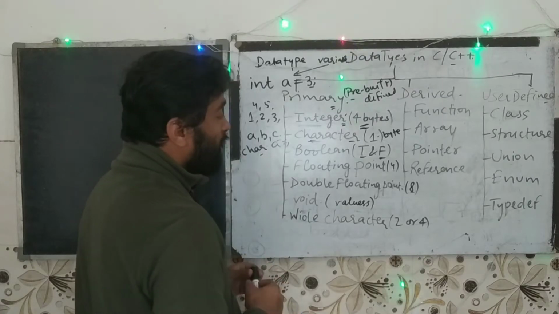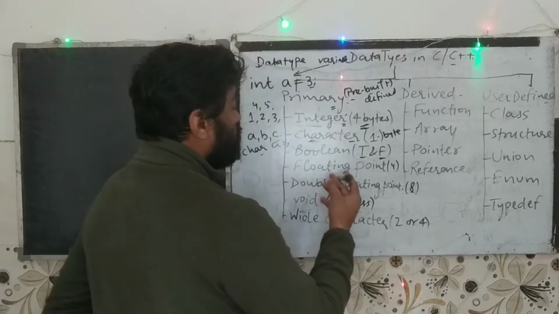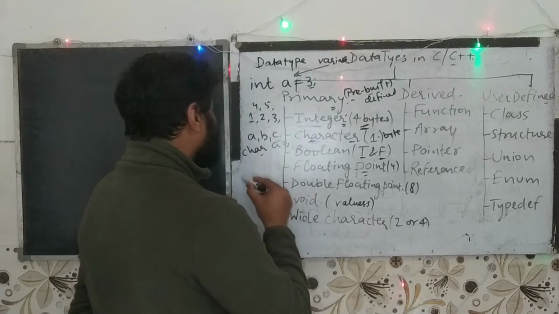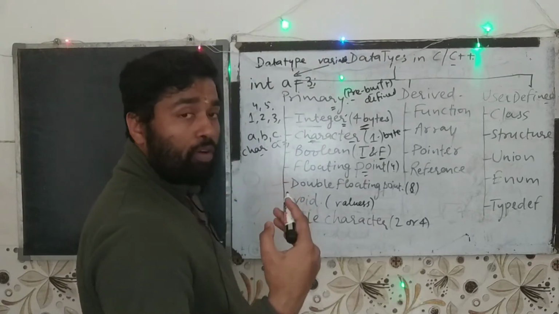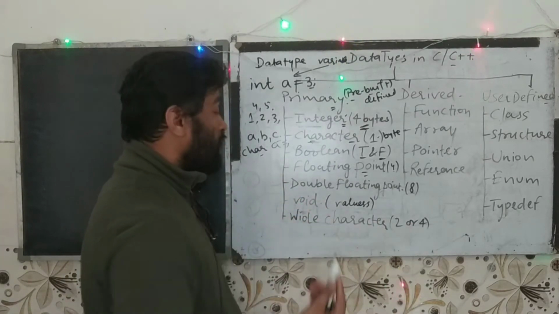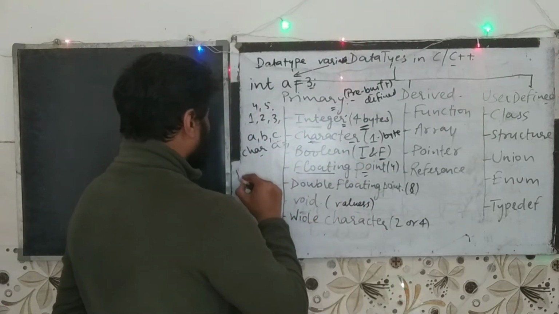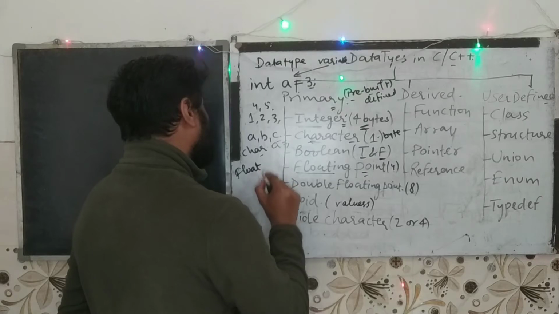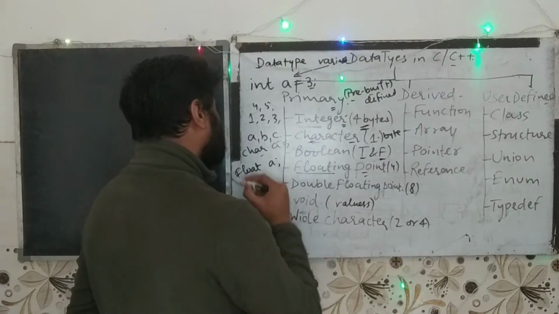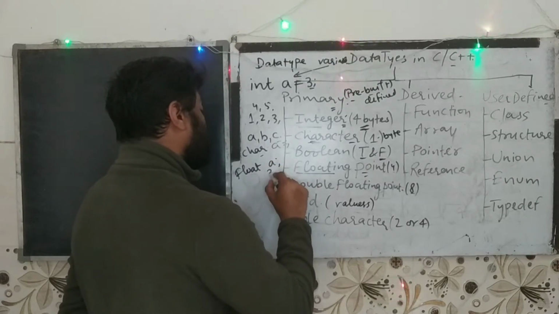So the floating point data type is used to store decimal point values. If you want to store a decimal point value, then you will use float. So float is used in place of a variable to store decimal values.